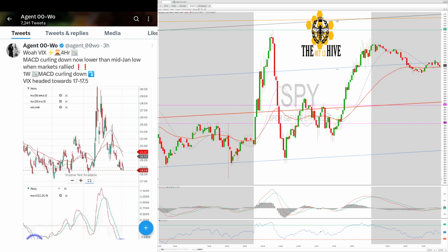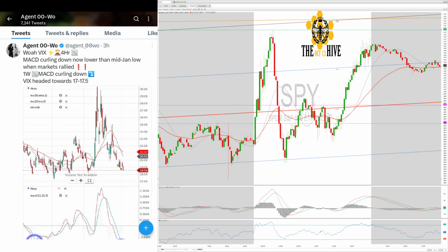And I said SPY 383 is the drop dead line. So this is an equivalent comparison, when I'm talking about the VIX 4-hour making a lower low than the mid-January low.